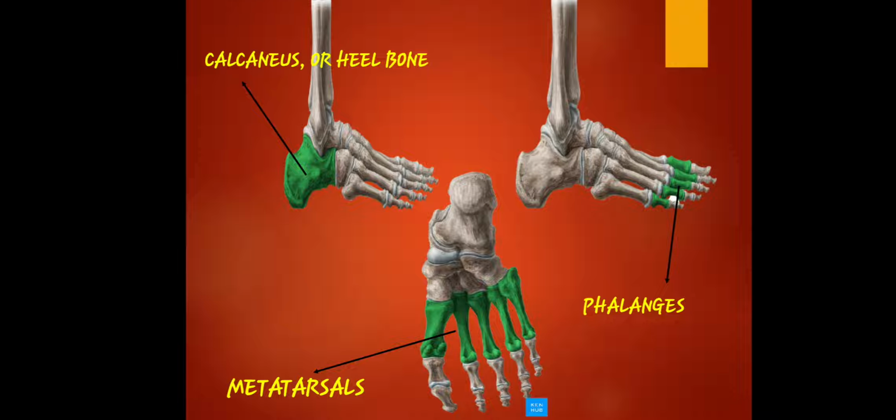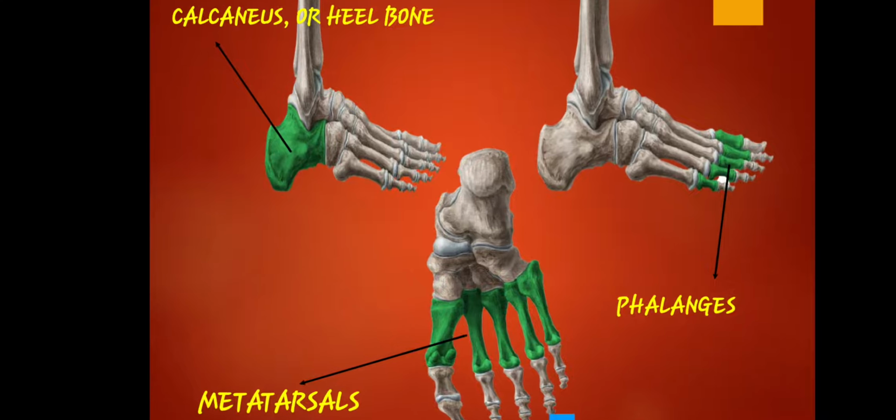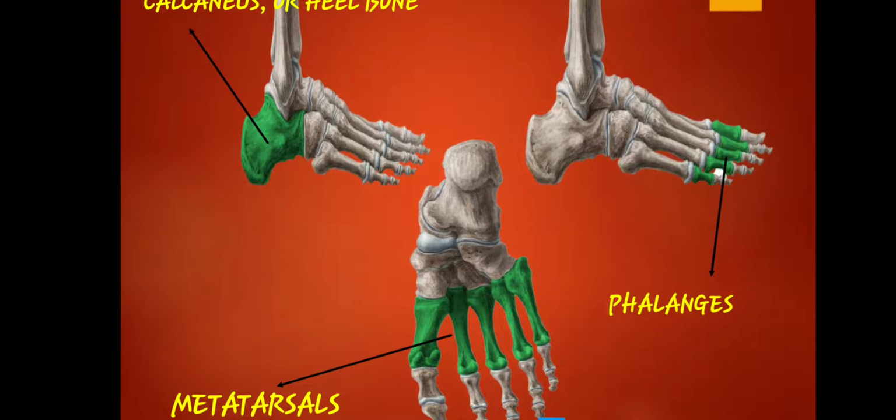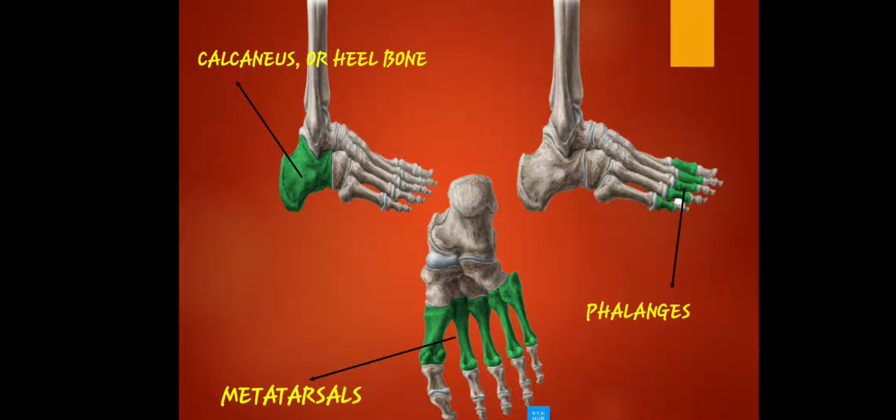So these are the representations of the calcaneus, or heel bone, their location in the highlighted green part, the phalanges, or the bones of your toes, and the metatarsals, which refer to the 5 long bones.